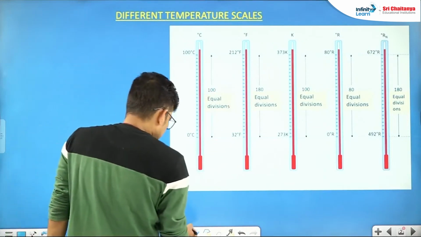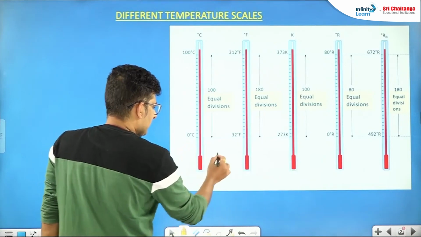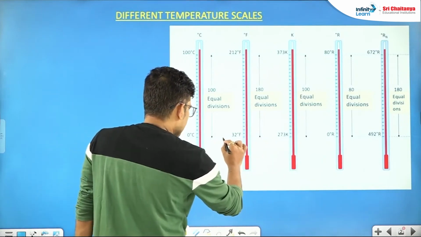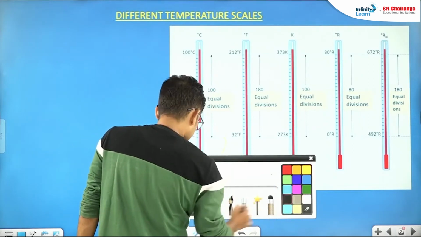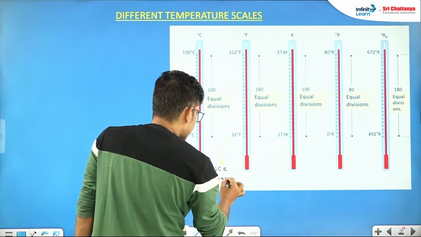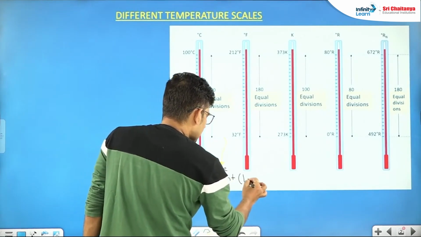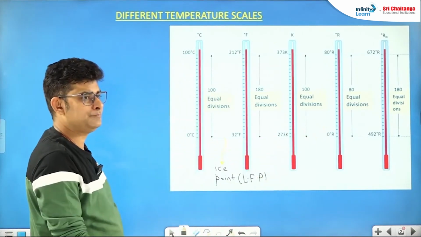Now what I have done is, if you see this line, this lower line, this I am calling as ice point, which was the lower fixed point. This dotted line you can see, the lower one.